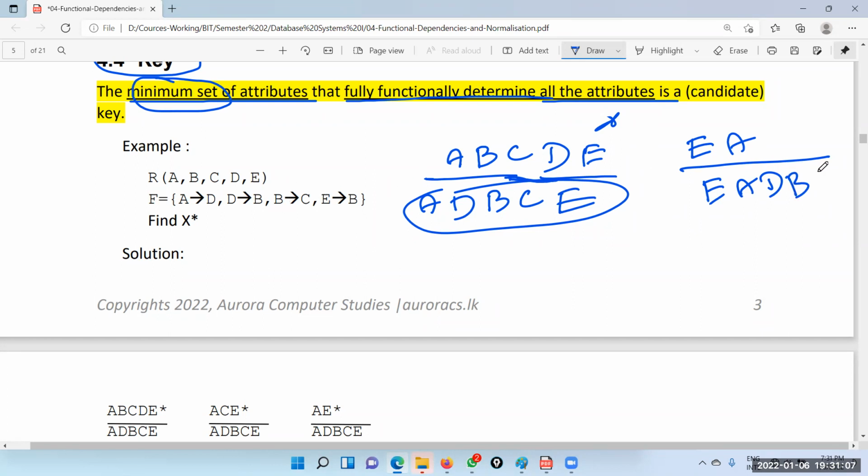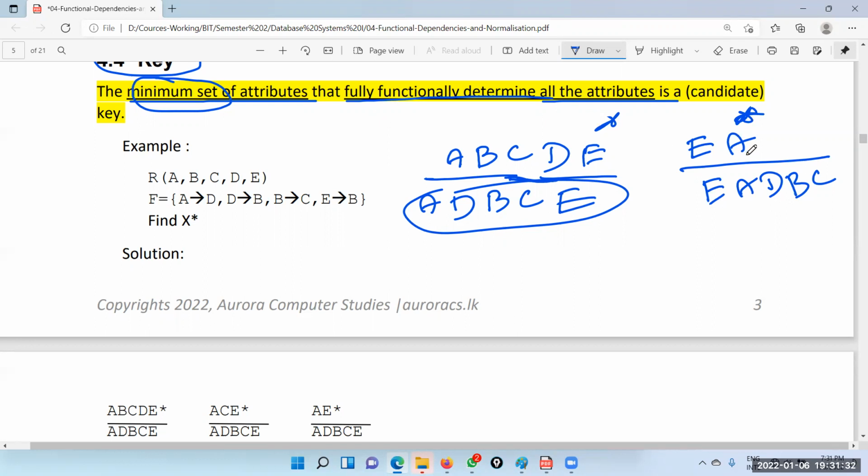B determines C, therefore C is also determined. Now you can see that A, B, C, D, E, everything is determined. So that means the E-A combination is good enough. If you have A and E, or E and A, those two functionally determine all your attributes.